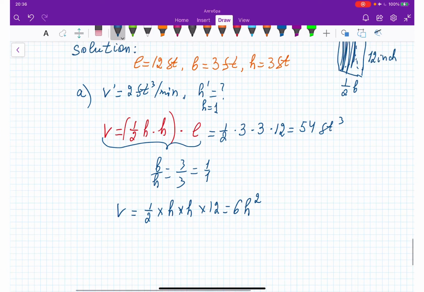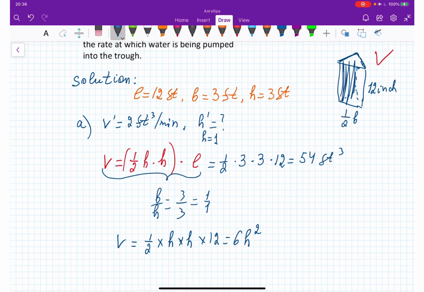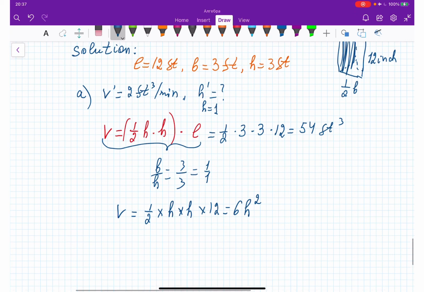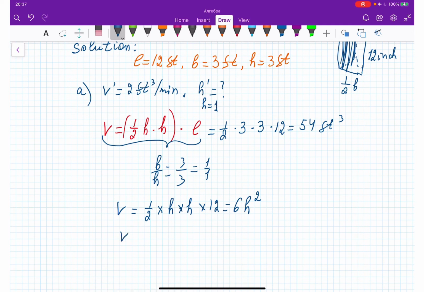Now, when we are filling up water, the volume and the height are changing as time goes, right? So which means V, volume, is a function of t, and h is a function of t.